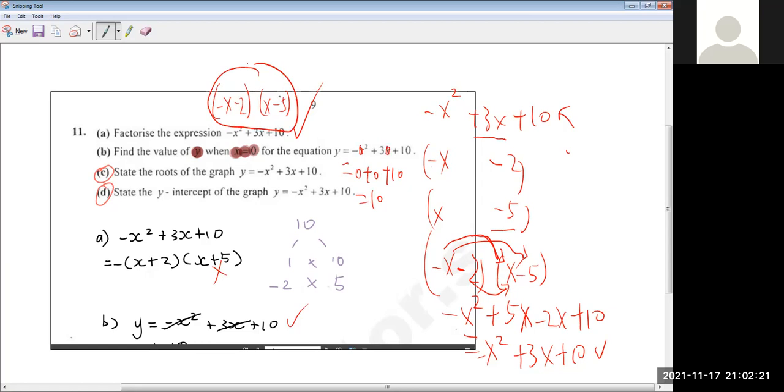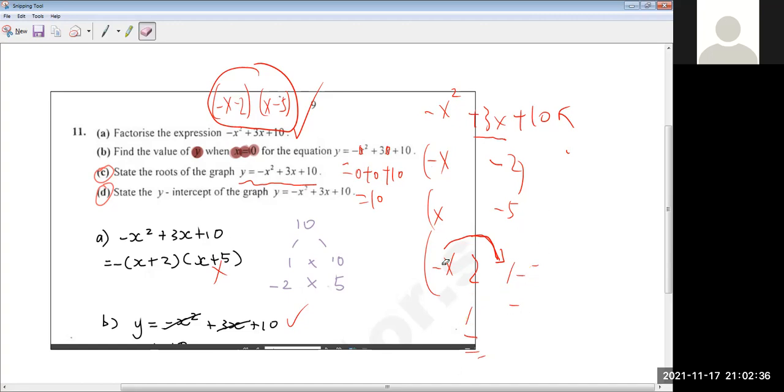All right. Then part C, state the roots of the graph. Roots of the graph, you have to memorize this. What's the meaning of roots of the graph? Do you have any idea? No? Okay, roots means solution.